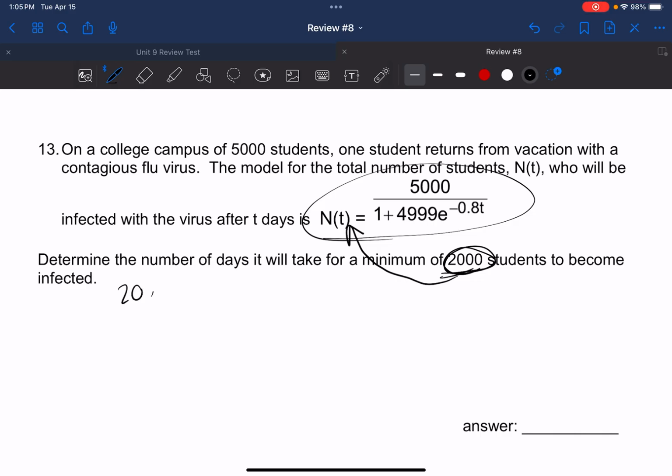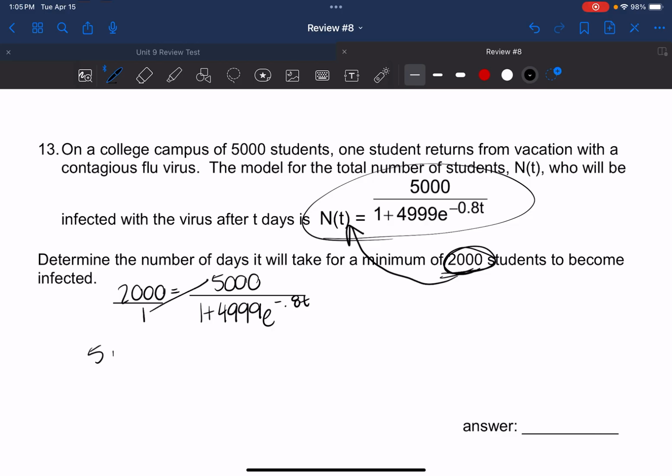So I'm going to have 2,000 is equal to 5,000 over 1 plus 4,999 e raised to the negative 0.8t. All right, so I am trying to solve here. So I am going to put this over 1, and I'm going to cross multiply.